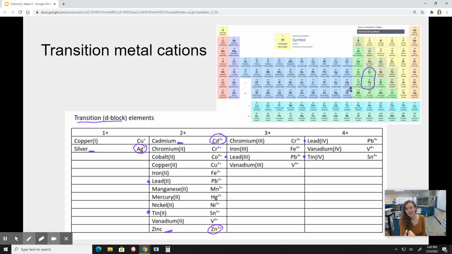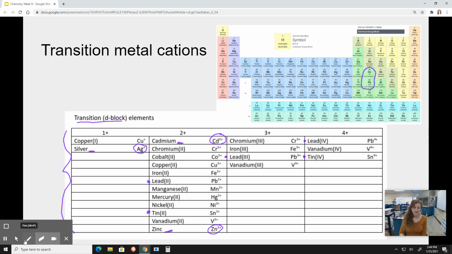But again, they can form multiple charges because they now have access to a D block. It gives them crazy, crazy ideas. All right, so this is the table that you're going to have to really be careful to reference when you're naming some of these metal ions.